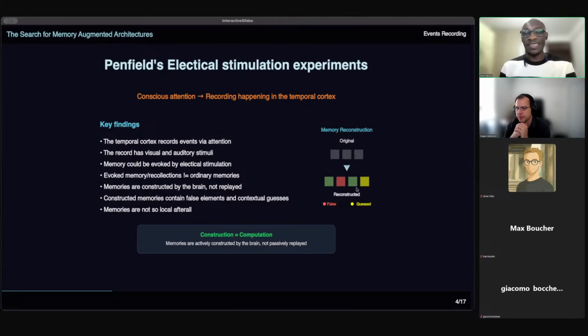So this idea of memory reconstruction gets you to a point where you need to think about how remembering works. Maybe remembering works this way, right? You get mostly false memory.